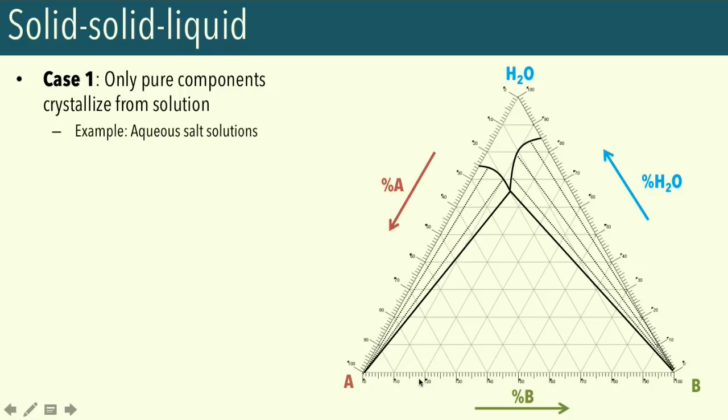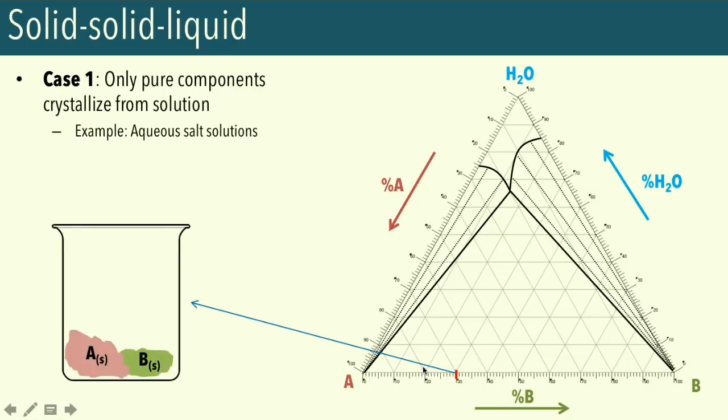A hydration line represents what happens if we start with just solid A and solid B and we start adding water. Say that we start with this particular point over here at 70% A and 30% B. This is represented by our beaker over here, so we just have 2 solids and 0 water. Our hydration line follows this line over here.